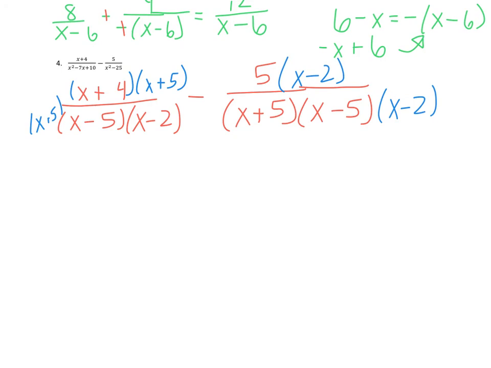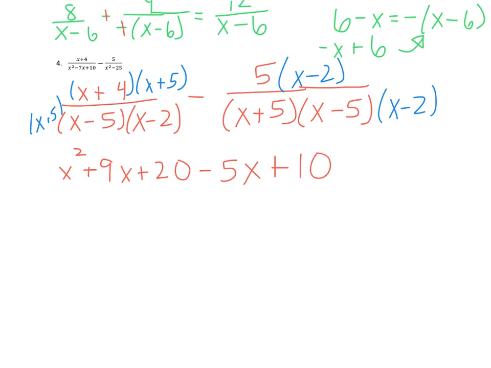Okay, so let's see what that gives us. So x plus 4 times x plus 5, we'd have to FOIL that out. X squared plus 9x plus 20 minus 5 times x, and then minus 5 times negative 2.